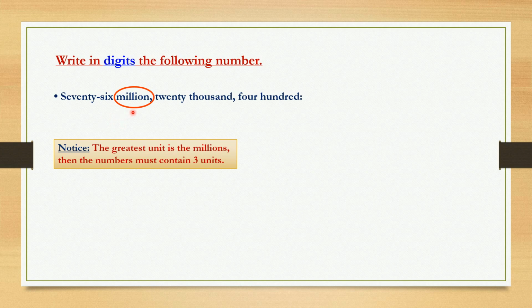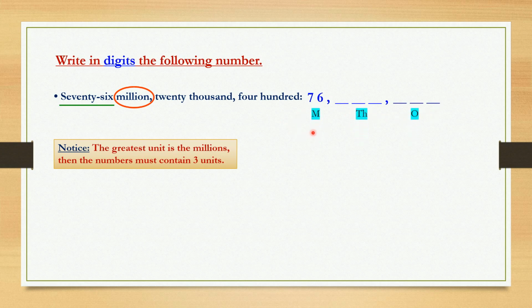In the millions unit, we have the number 76. So first, we write 76, then we put a comma. Now we need to find the other digits. Since we have 2 more units to fill, we write dash dash dash comma for the thousands unit, 3 dashes comma, and 3 dashes for the ones unit. Now how do we find these other 6 digits?